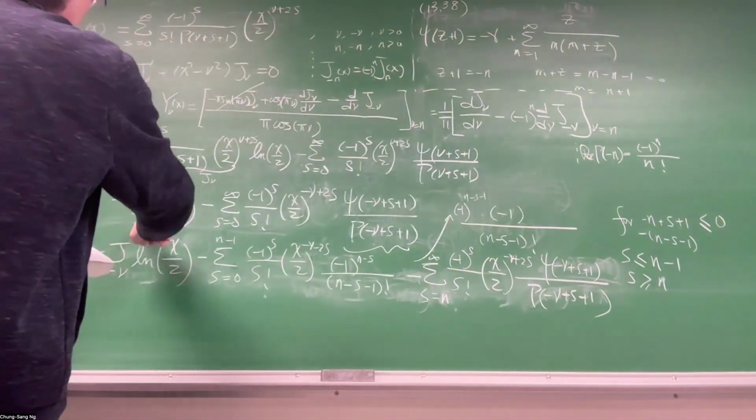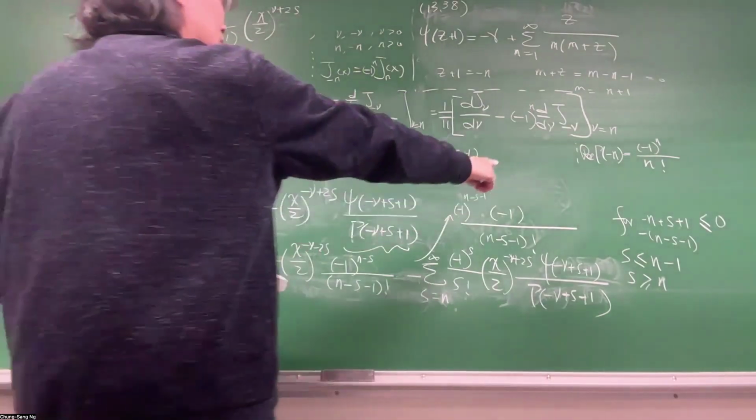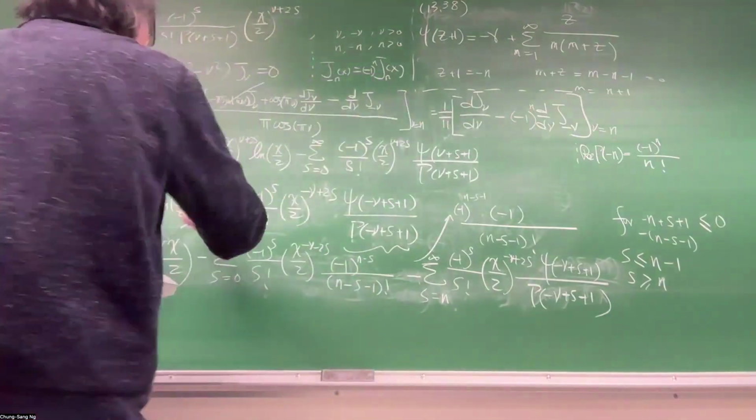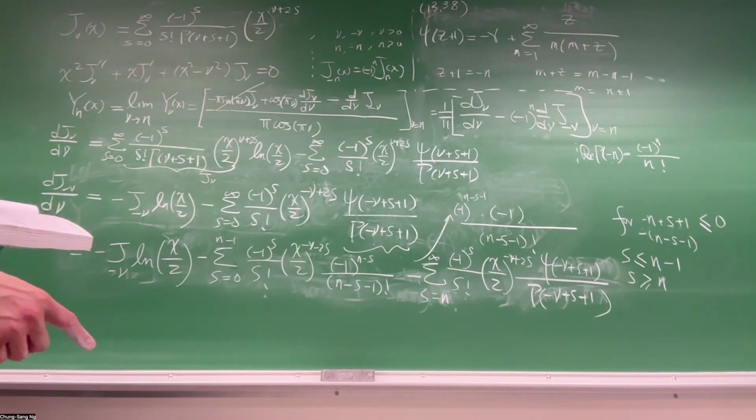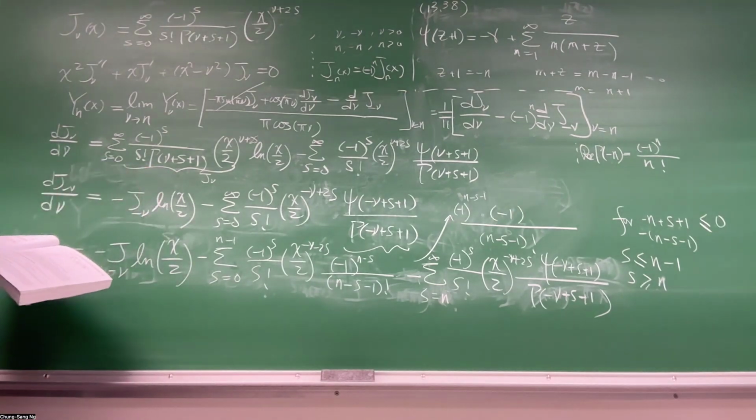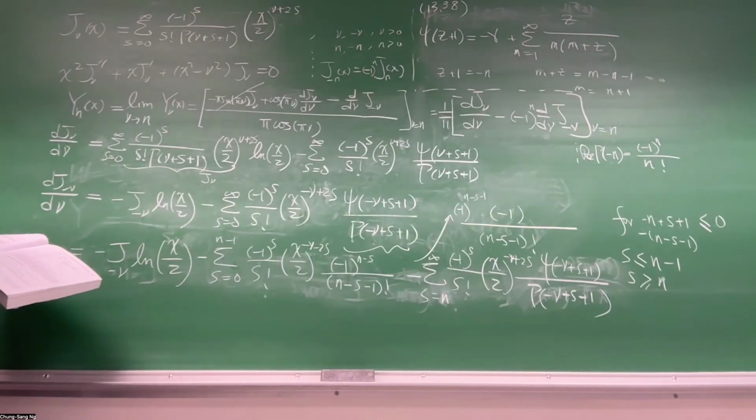But j sub n and j sub minus n are related by this minus 1 to the n power, and this negative and negative cancel. So you get two of them the same. So combining this term and that term gives you the first term in 14.61, right?